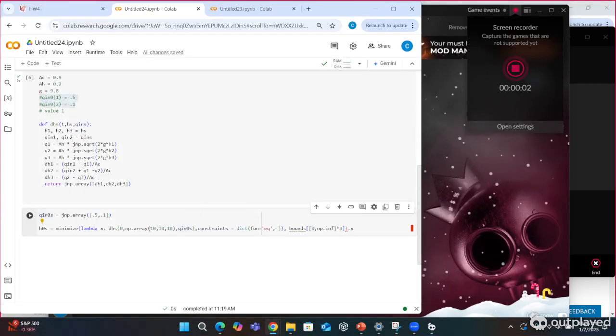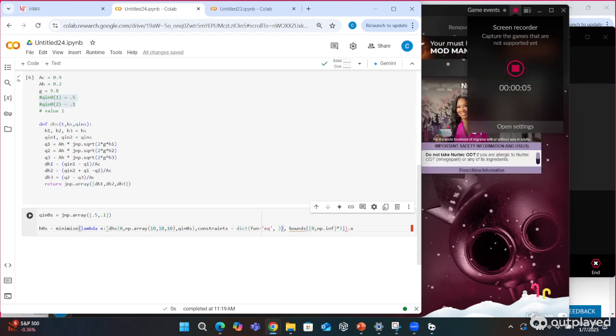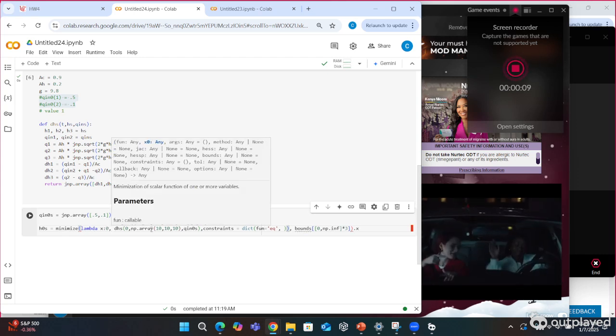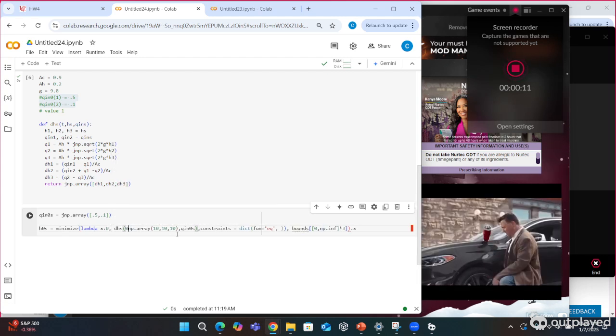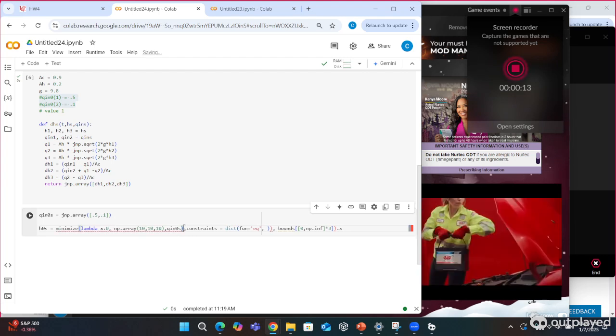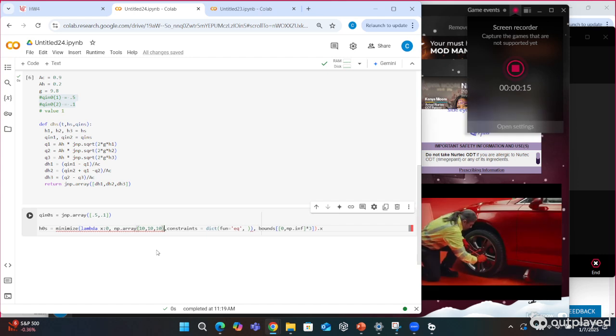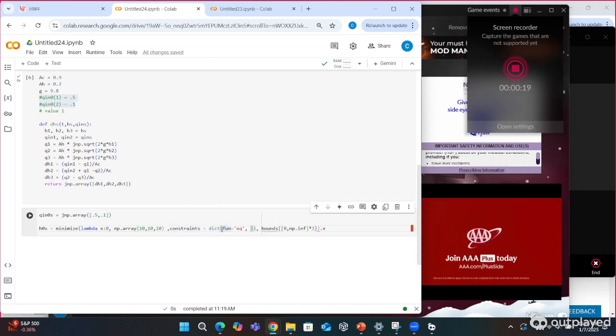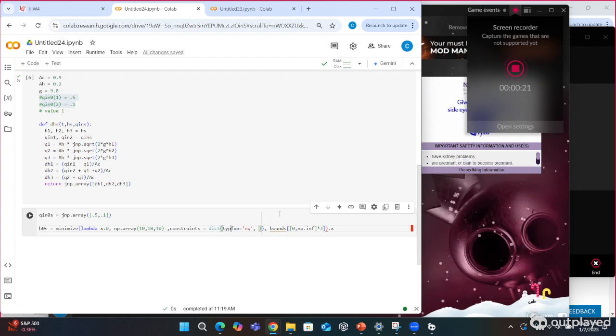All right, I realize what we did wrong. First of all, this needs to be 0, and our initial guess is what's right here. Our constraint is where we actually define the function. First we have to say what type of function it is, which is an equation.